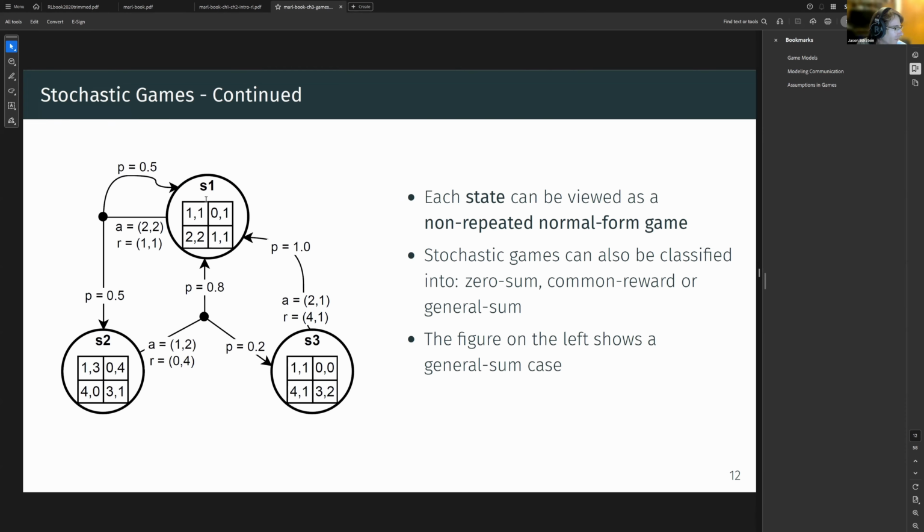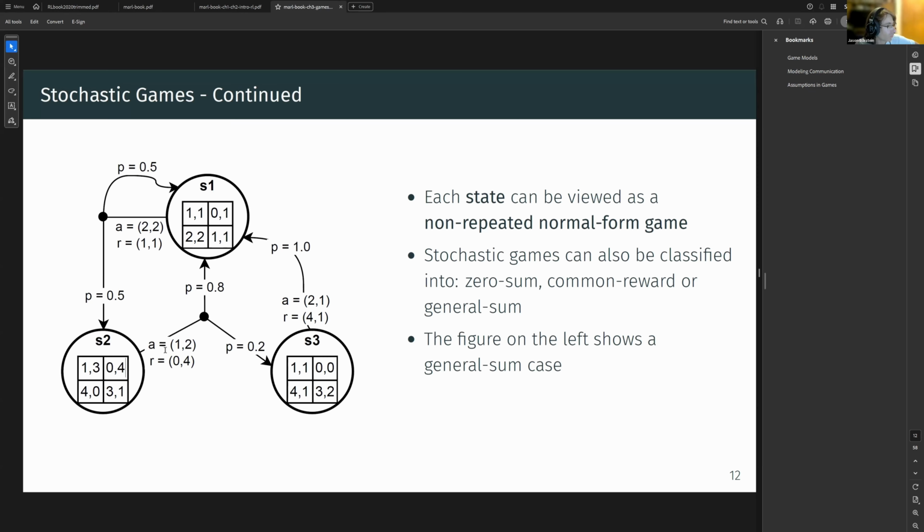Here what's being shown is three different states where there's three different games. And if this joint action is picked from the state, we can see the resulting reward function from this joint action selection.